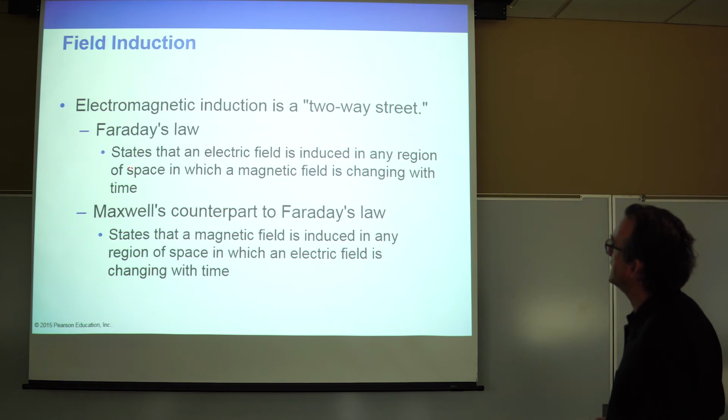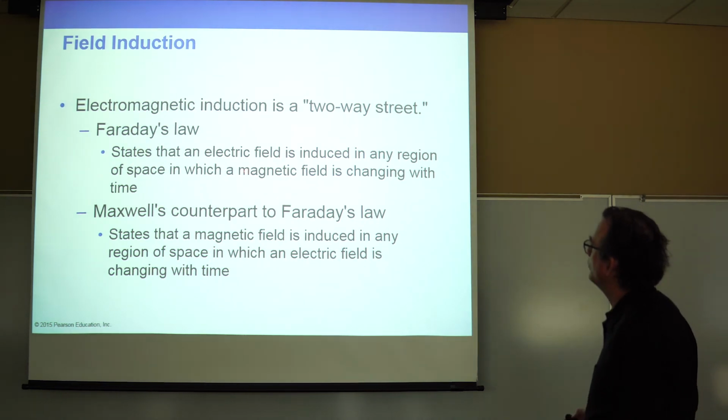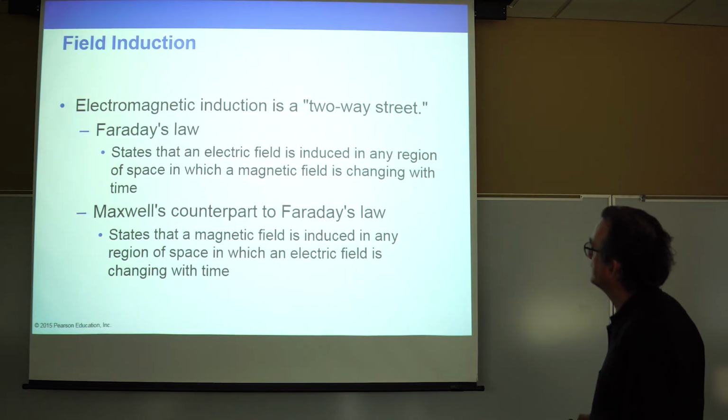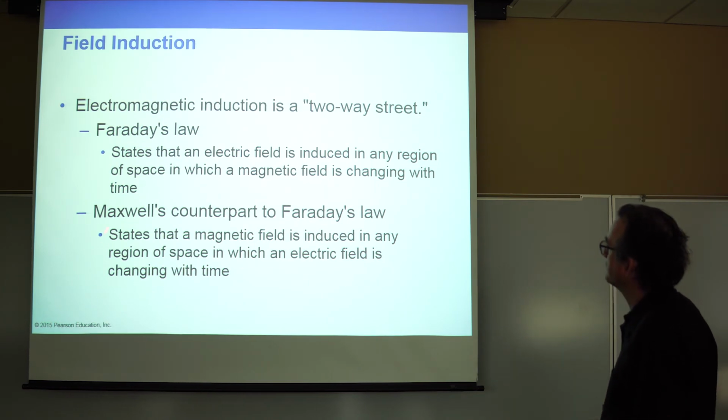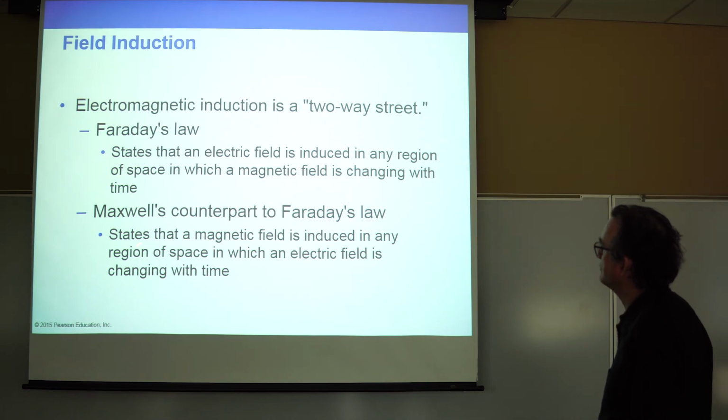Field induction states that an electric field is induced in any region of space in which a magnetic field is changing with time. It's a statement of Faraday's law, but there's also a counterpart to Faraday's law, which states that a magnetic field is induced in any region of space in which an electric field is changing with time.